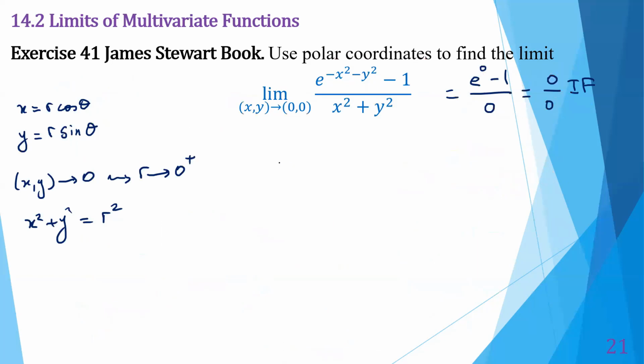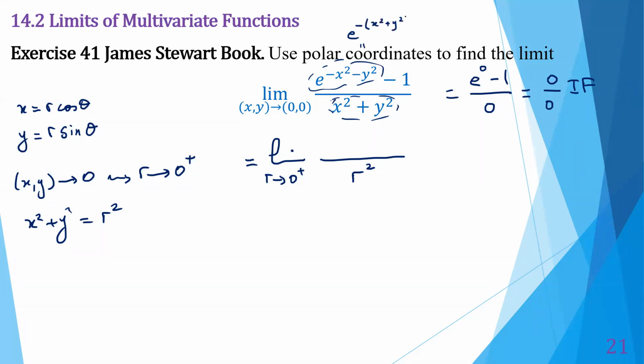So for example, if I rewrite my limit in polar coordinates, in the denominator we have x squared plus y squared. We can directly replace this with r squared. Even in the numerator, if we take minus as a common factor, this quantity is nothing else than x squared plus y squared.